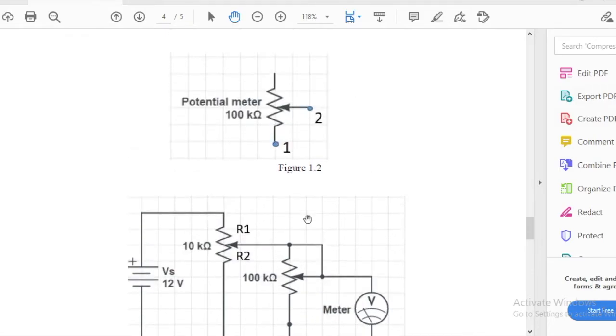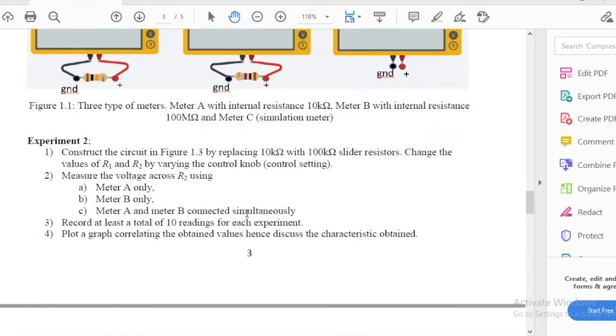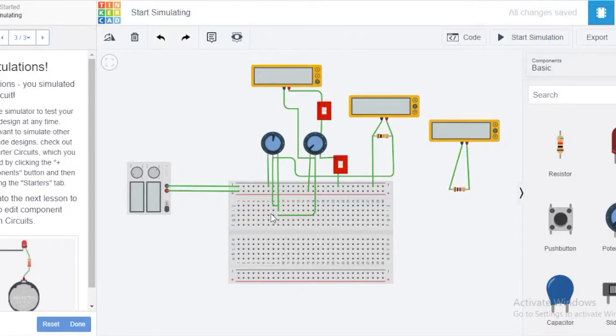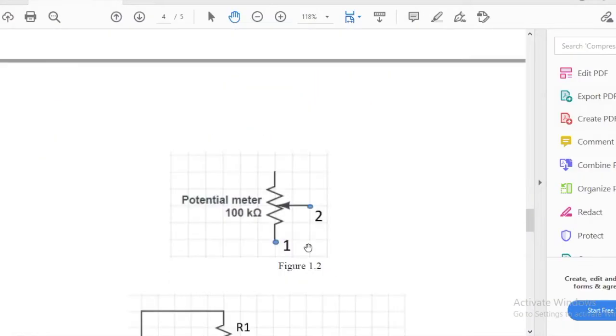The instruction is to find VR2 using meter A, meter B, and meters A and B, record at least 10 readings for each experiment, and plot a graph. This is our circuit according to figure 1.3.